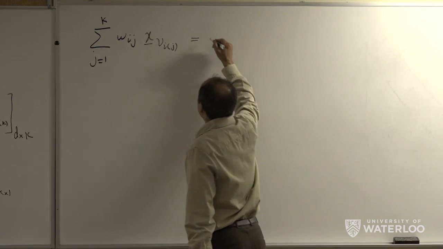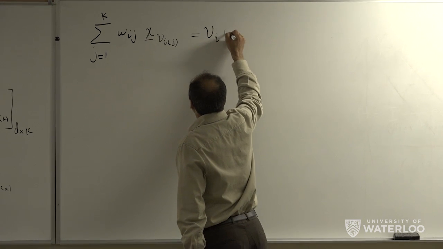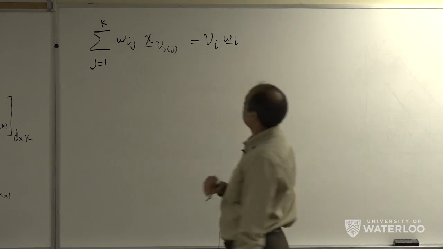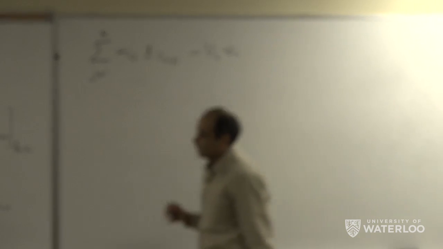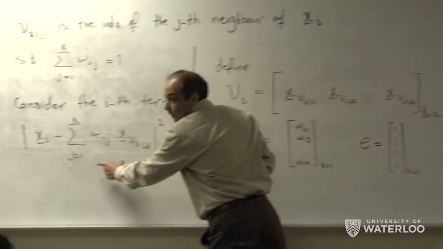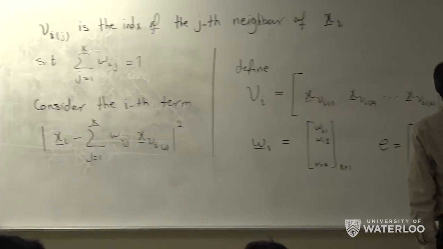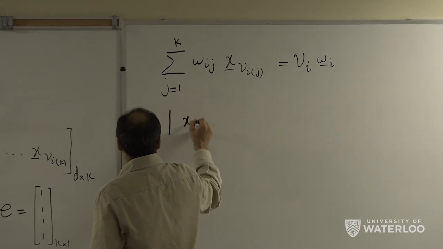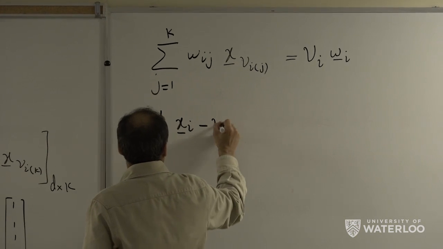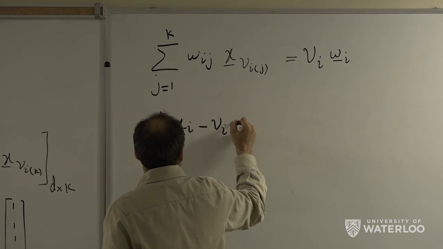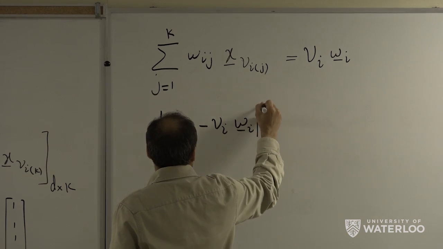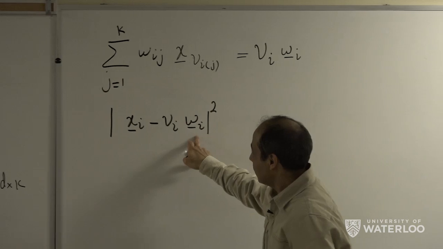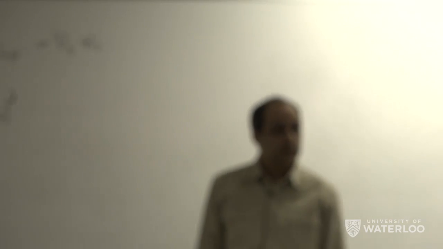Vi Wi. So this is this term. My objective function now is going to be xi minus Vi Wi, and Wi is unknown.